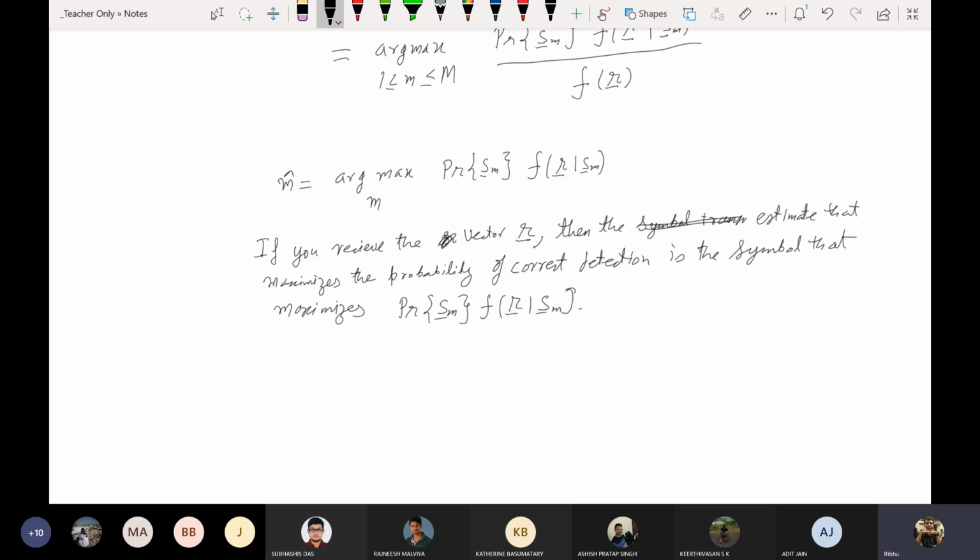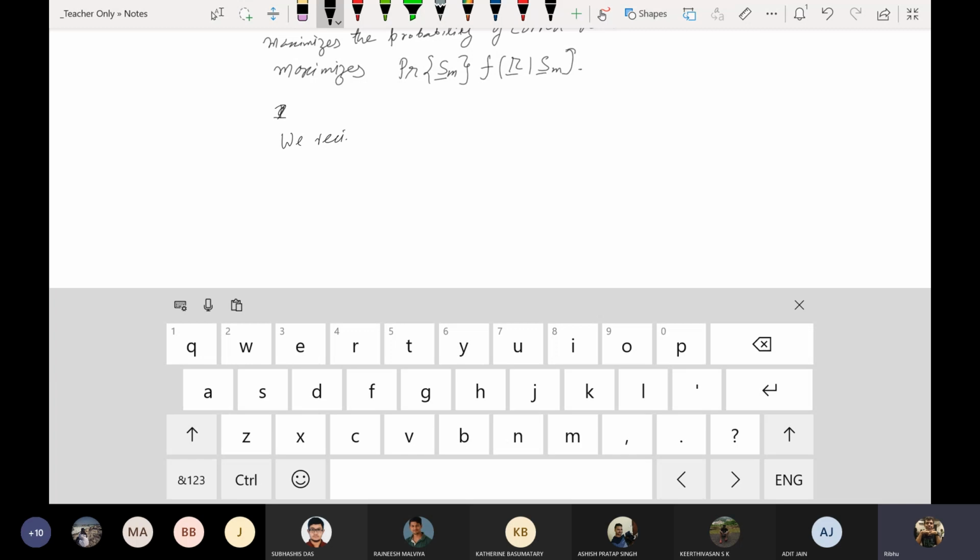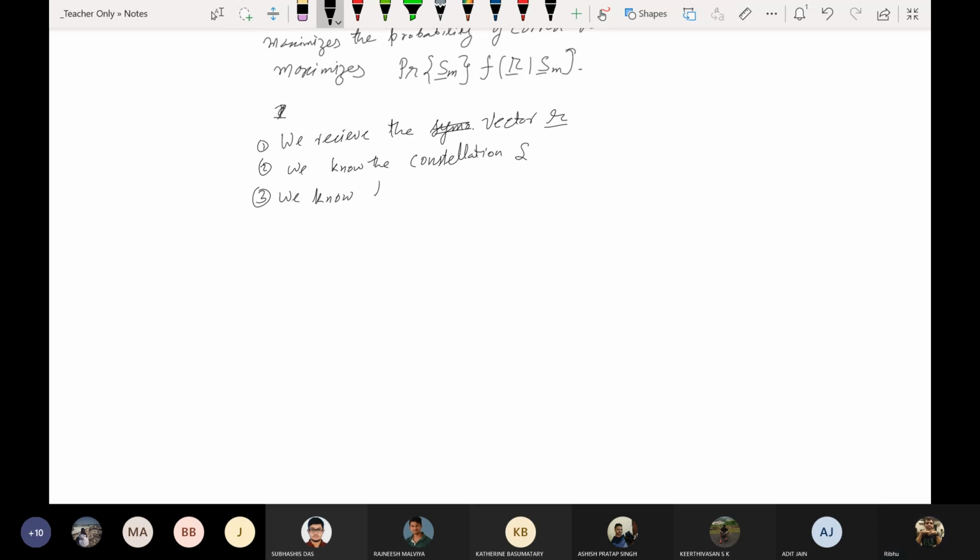No. So what you do is, if you have the constellation, we receive the vector r, and we know the constellation S. We know the prior probability of each symbol being sent.